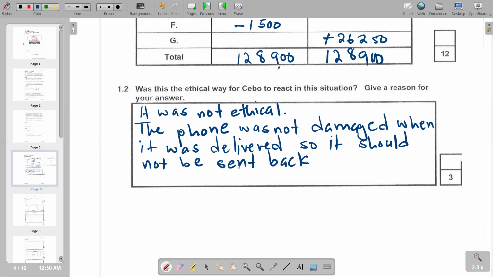So this is the response that we have on 1.2. This is what we have on the first question in this first question paper, and we can proceed to the next question that we have.